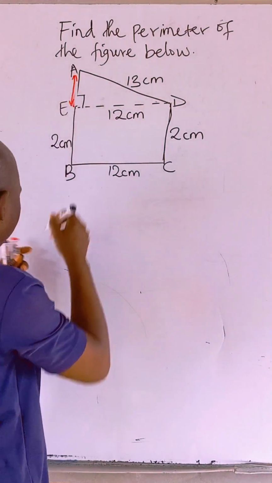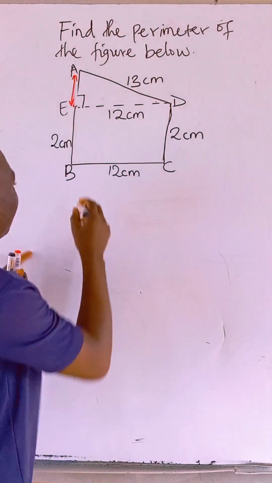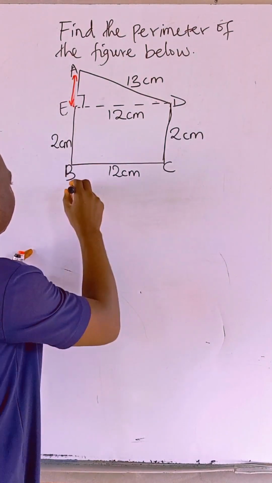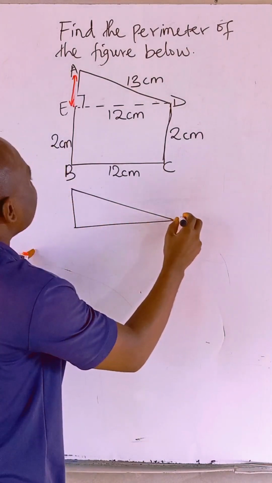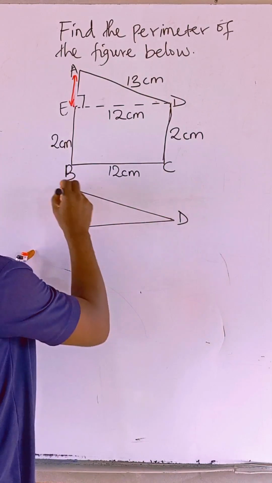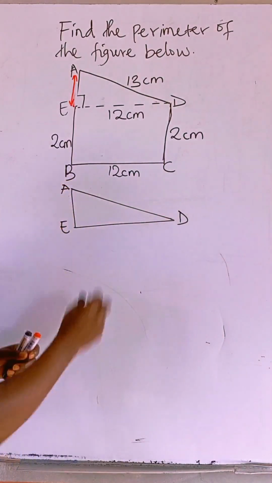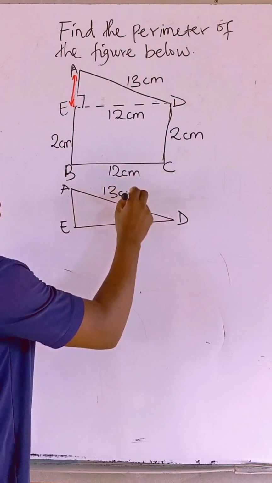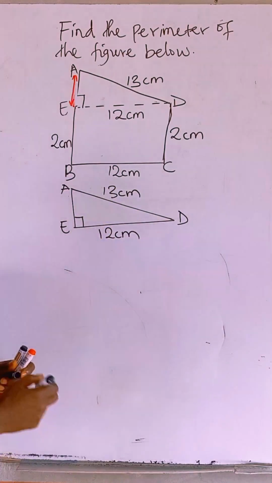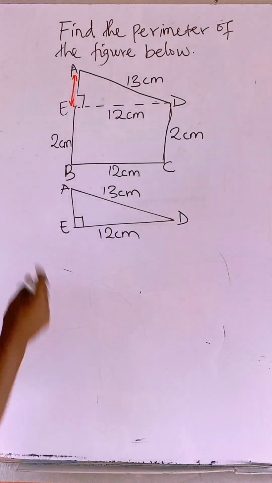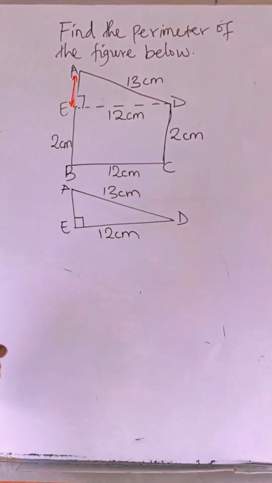This is D, this is A, and this is E. We have here to be 13 cm, and we have here to be 12 cm. And now we are looking for this place.